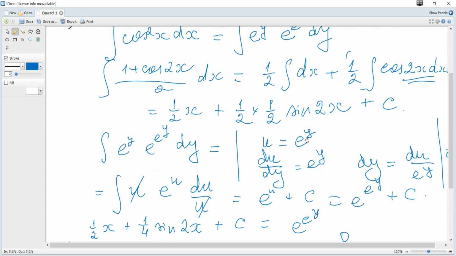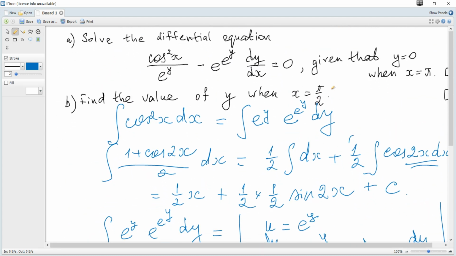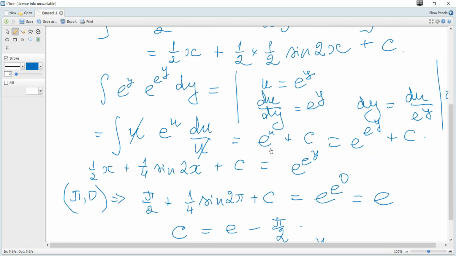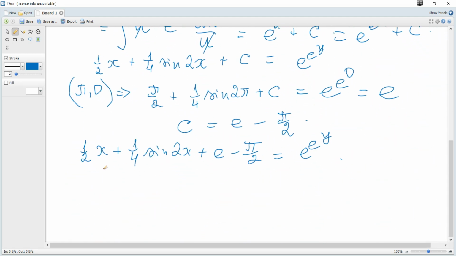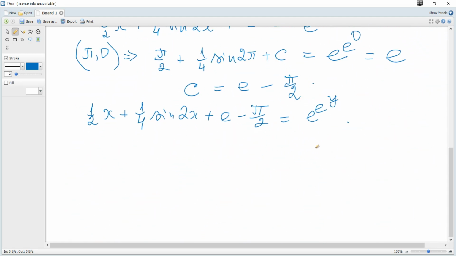Notice that it's not required to represent the answer in the form y is. It's not specified. So we can give the solution of this equation like this, but you can also solve for y and represent it as y is. So let's solve for y.